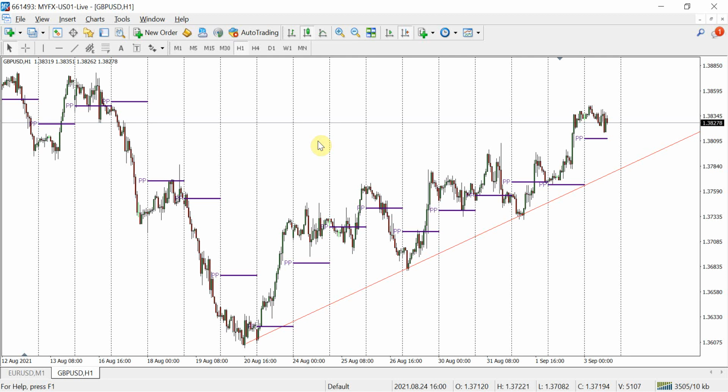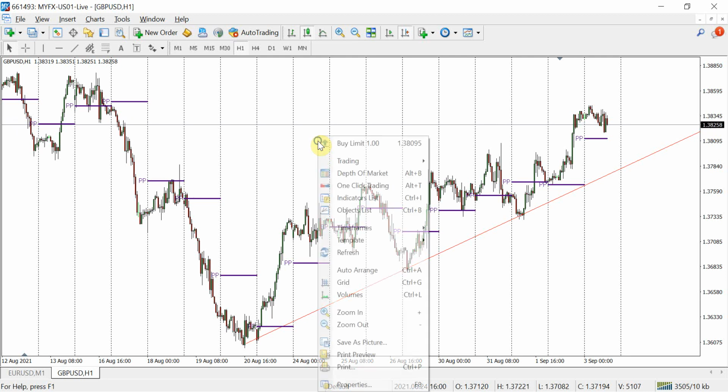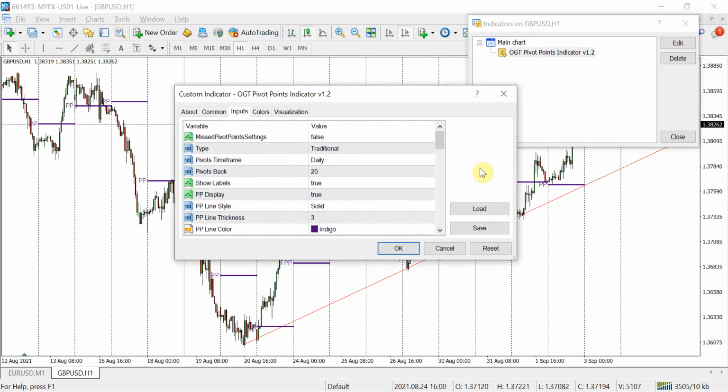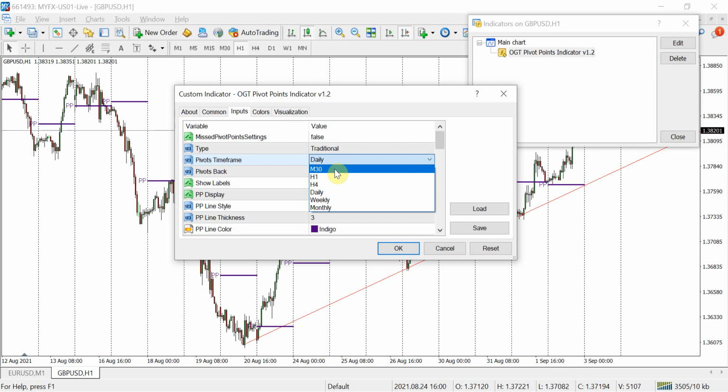So one of the updates that we did for version 1.1, which I've not really seen any pivot points indicator actually have, is a setting built in which allows you to calculate pivot points for different time frames. And in my personal view, this is an absolute game changer for those trading lower time frames who want to do pullbacks and trends and all these kind of good things.